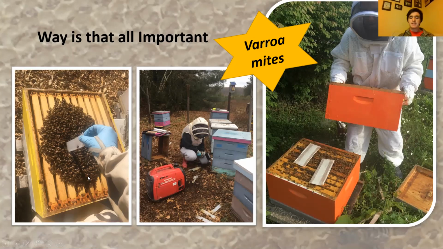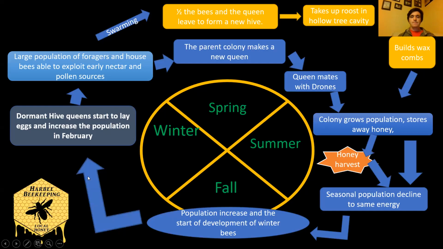So to understand this crazy flow chart, especially this seasonal population decline, this population incline come fall, and the incline come spring is important when we want to medicate them, because this half a year, spring and summer, we want to be able to harvest honey.